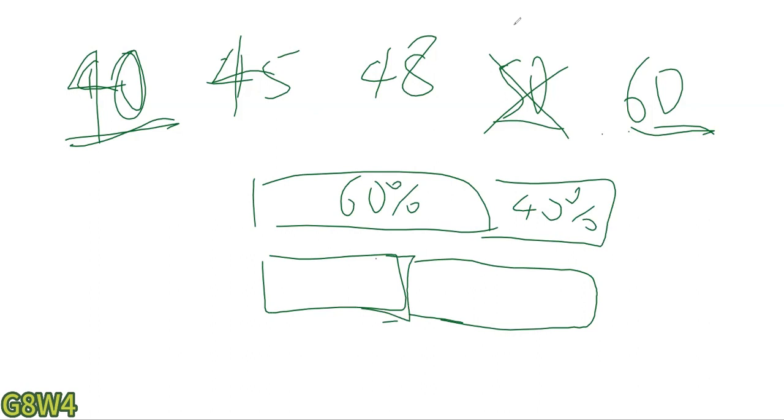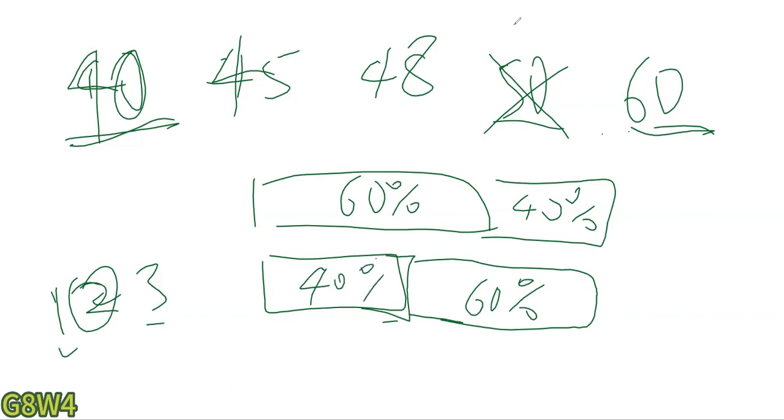So for example, if we have 1, 2, 3, then there's only one even and two odds. But then we can also do 2, 3, 4. So then it's two evens and one odd, which means the amounts can be interchangeable, which means that if we have 40% and 60% as an answer, then we can flip them around.